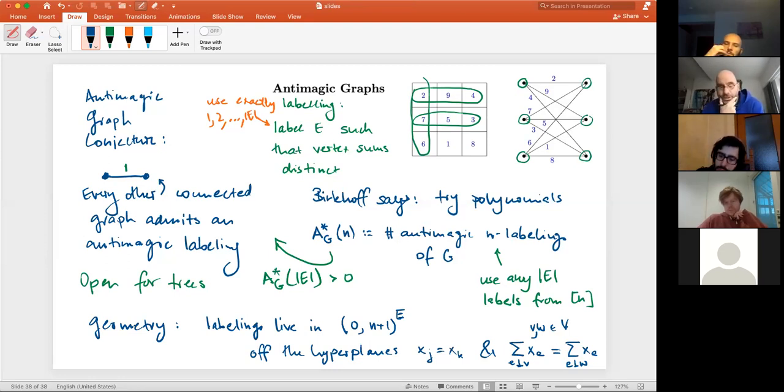Okay, so just like in the graph labeling case, you take your cube and you chop it off into smaller polytopes. And so now you know why I wanted to make that cube initially open, because now I take out these hyperplanes, so this is a union of rational polytopes.